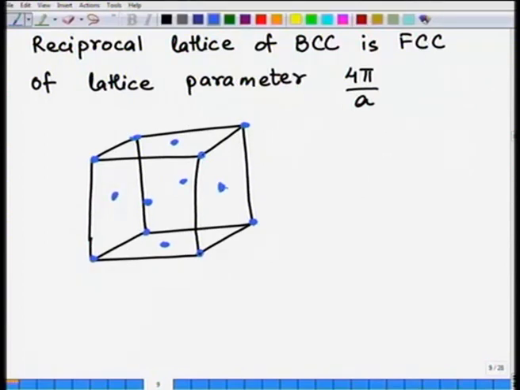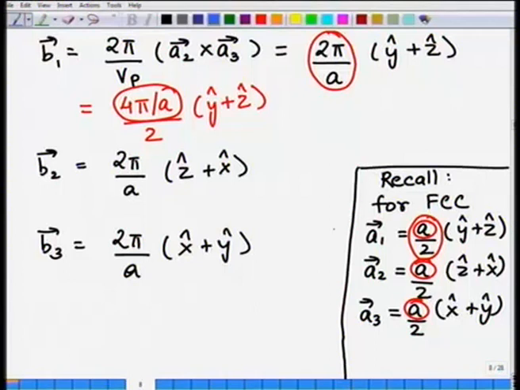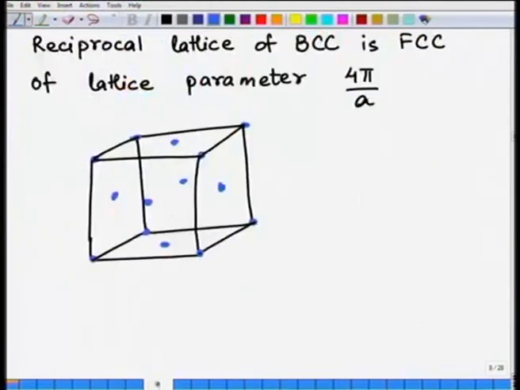So, these should be the lattice points. All these lattice points should get generated by these lattice vectors. So, in other words, BCC will look like FCC in reciprocal space. Very good. So, primitive cell will look of course different.